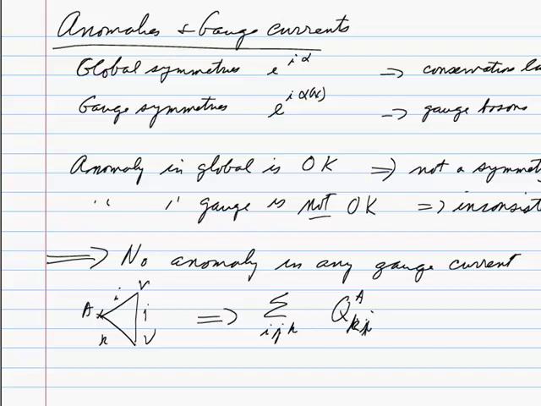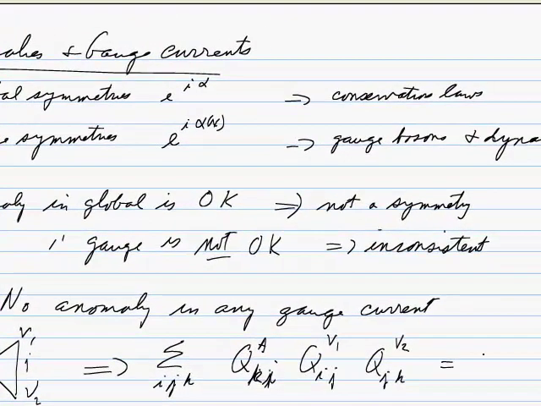So taking k to i times the vector charges, V1, V2, they could be different: V1 ij, Q_V2 jk, has to sum up to 0.